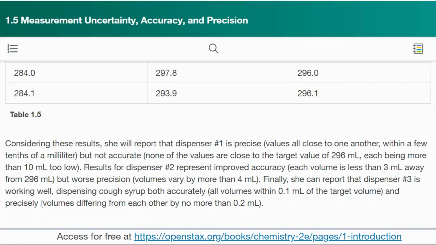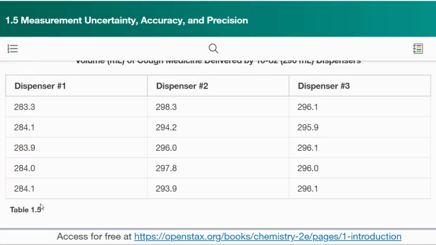Volumes may vary by more than 4 milliliters. Finally, she can report that dispenser number 3 is working well, dispensing cough syrup both accurately, all volumes within 0.1 milliliter of the target volume, and precisely, volumes differing from each other by no more than 0.2 milliliters. So this one's the hero right here.